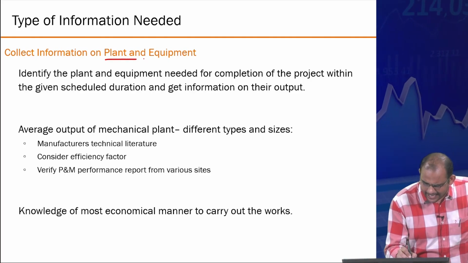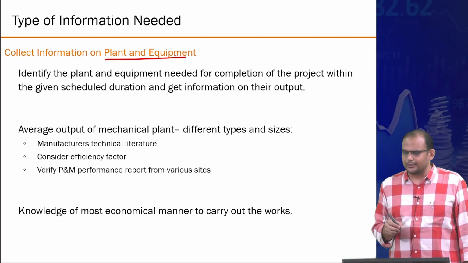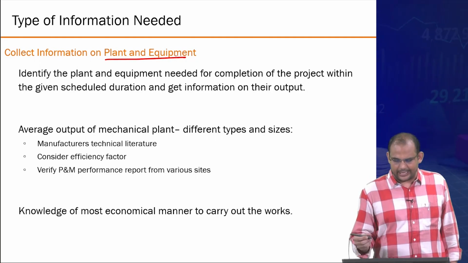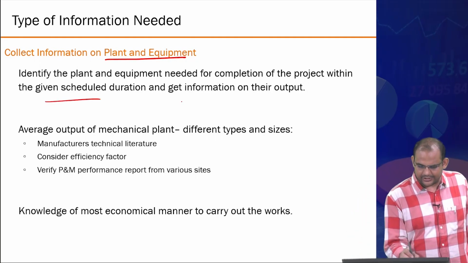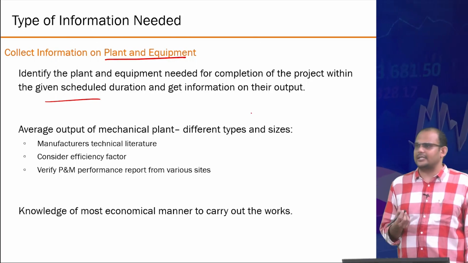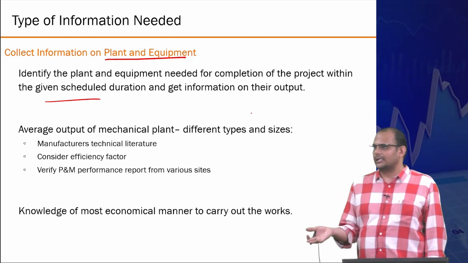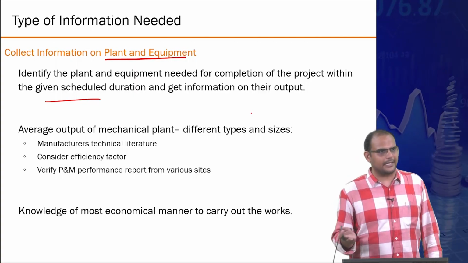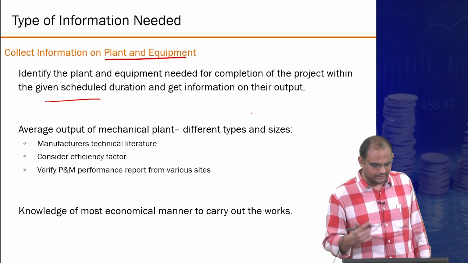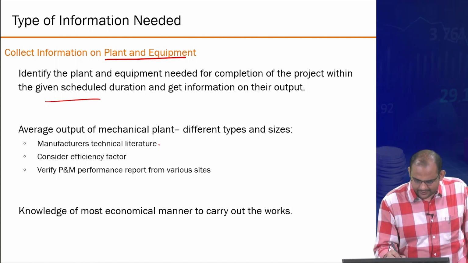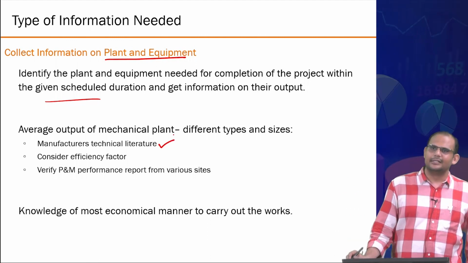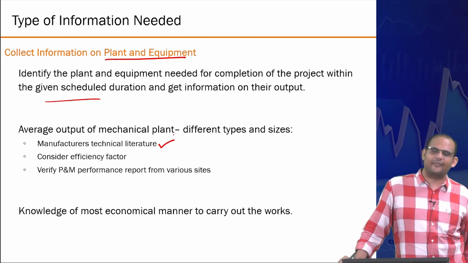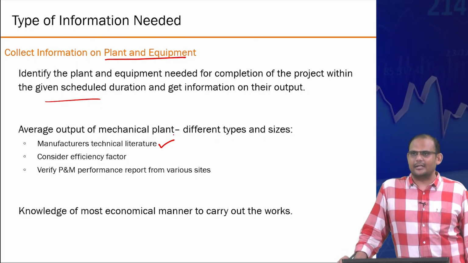Again, in terms of plant and equipment, you need to identify what kind of machineries and what kind of equipment will be needed in order to complete the project in a given schedule. And you also need to understand how productive these equipments are, right? How many units of work the equipment can do in a given number of hours. And therefore, you may need to understand the technical specifications sometimes provided by the original manufacturer of the equipment, right?